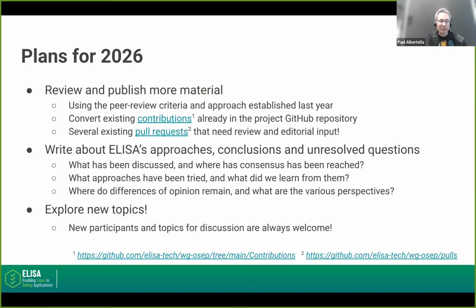And because there will always be differences of opinion about a particular strategy or what works, it's important for us to acknowledge those and express the various perspectives that exist, so that if we do want to reach some consensus, we know what the different inputs to that are. And we'd very much like to explore new topics. So new participants and topics for discussion are always very much welcome.